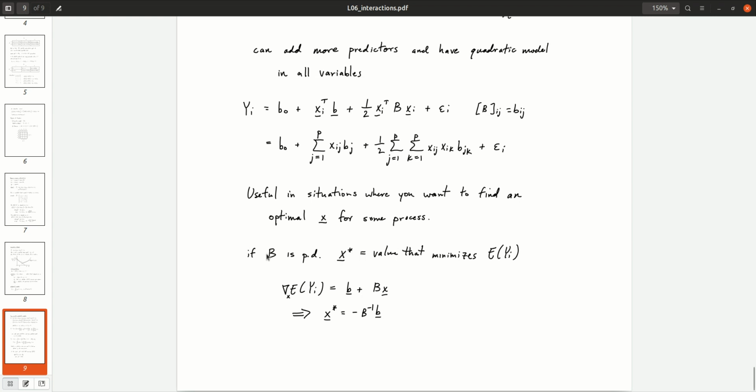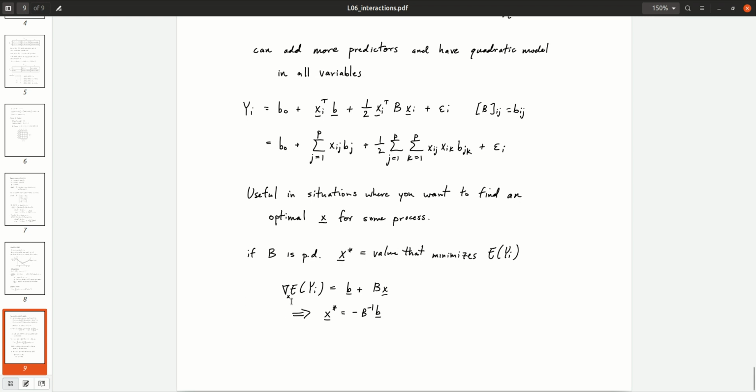It's a minimum if this matrix is negative definite. Then you can extract that optimal value. People use this kind of model in industrial applications where they're trying to optimize some sort of industrial process that depends on a bunch of different variables.